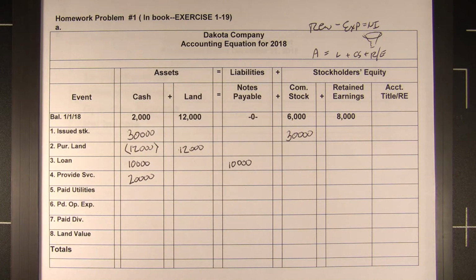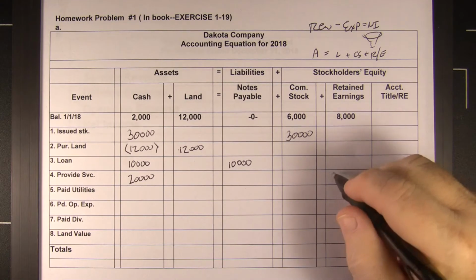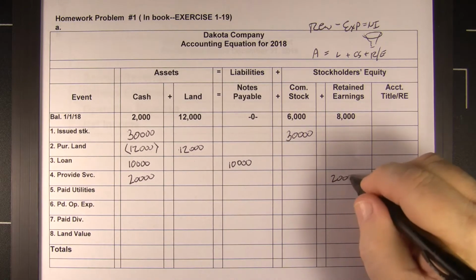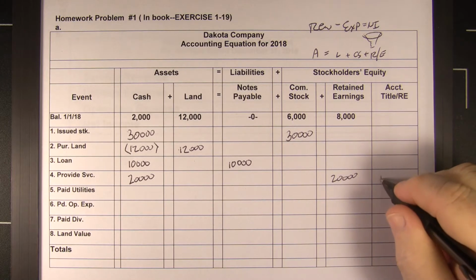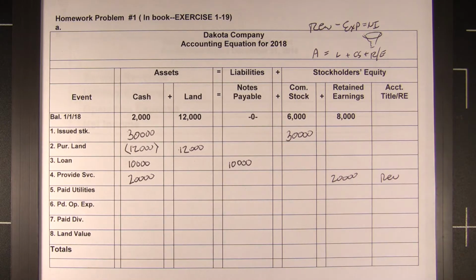But for right now, what you need to know is that revenue increases the value of the company, and for now we're storing that in retained earnings. The next transaction, they paid our light bill. I don't know what we did to use $1,000 worth of utilities, but we did.